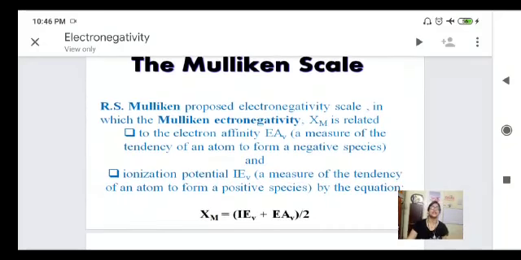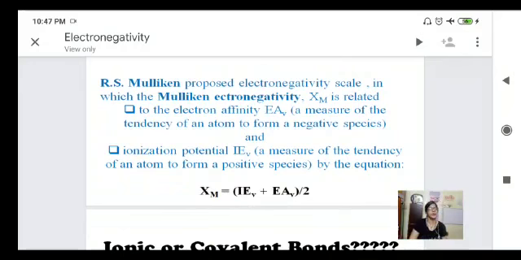Then coming to the Mulliken scale. R.S. Mulliken proposed an electronegativity scale in which the Mulliken electronegativity Xm is calculated from the electron affinity, which we discussed in earlier lectures as a measure of the tendency of an atom to form a negative species, and the ionization potential, the measure of the tendency of an atom to form a positive species, by the equation Xm equals ionization energy plus electron affinity, divided by 2.